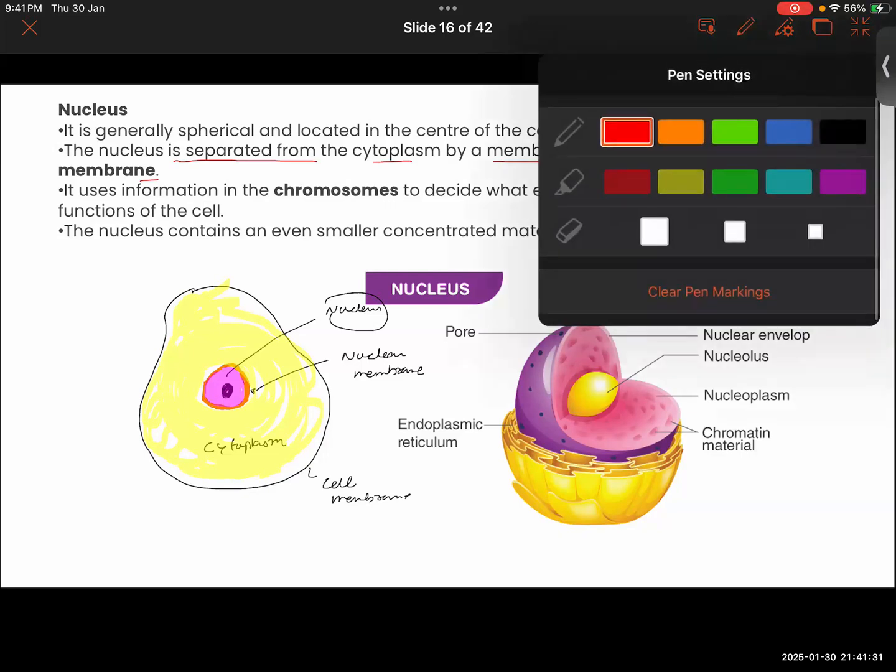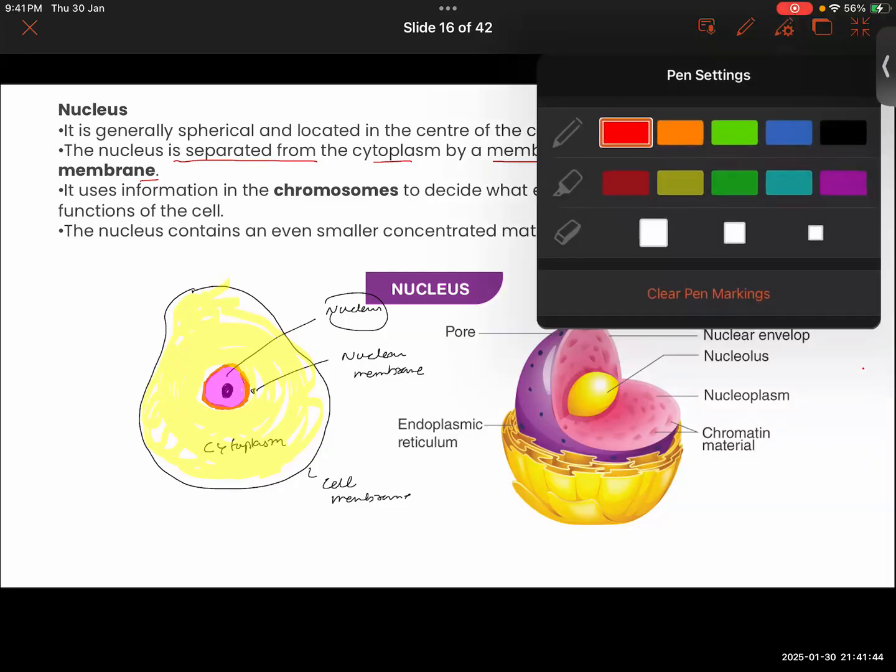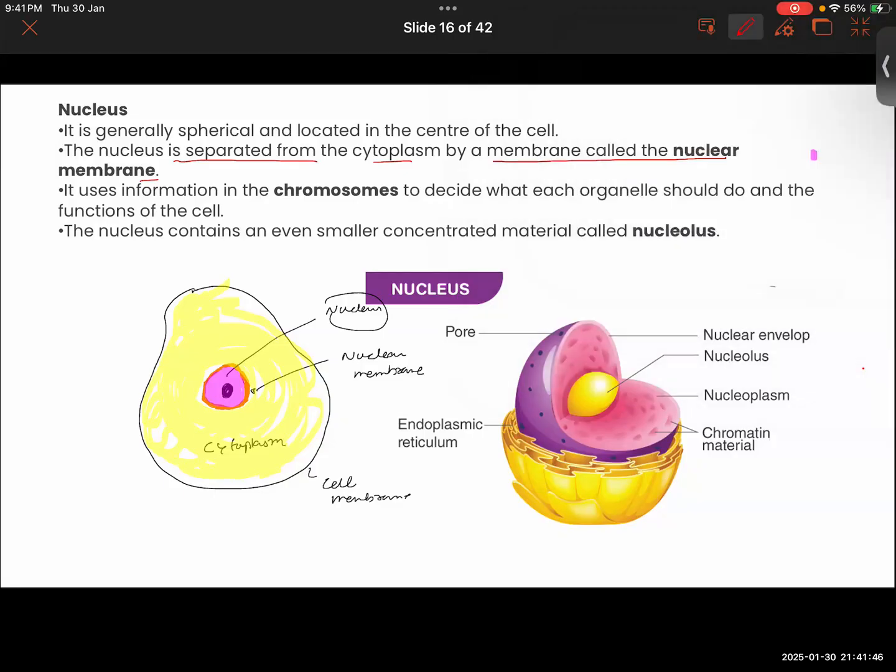Further, the nucleus have got thread-like structures in it that we call as chromosomes. Chromosomes, all of you know already, right? So the information that is stored in the chromosome is used by the nucleus to decide what each organelle should do.